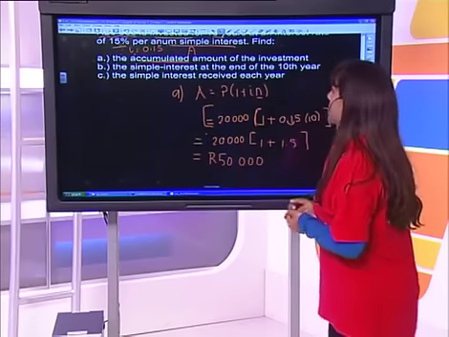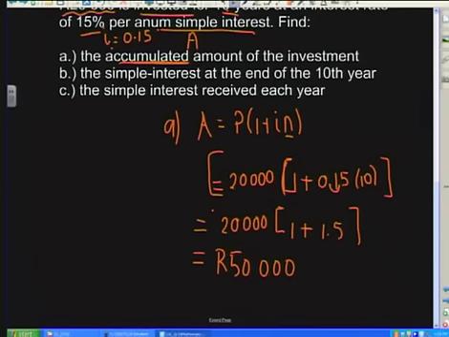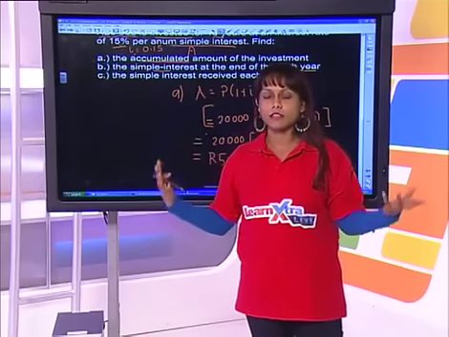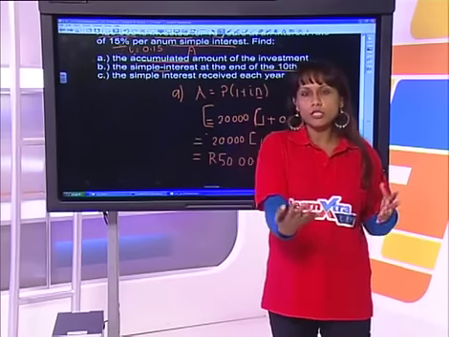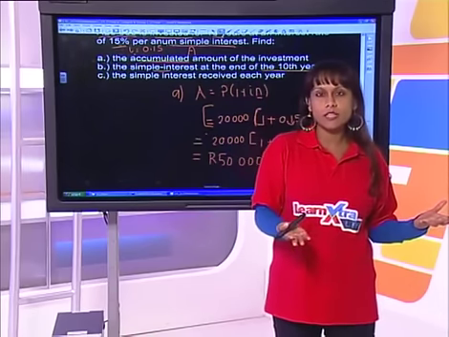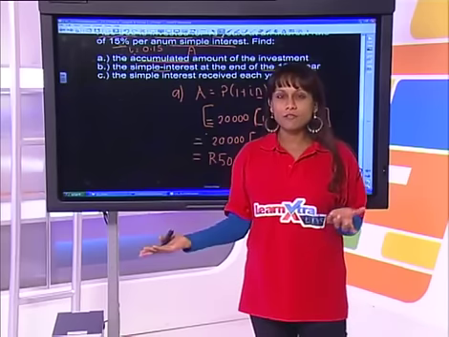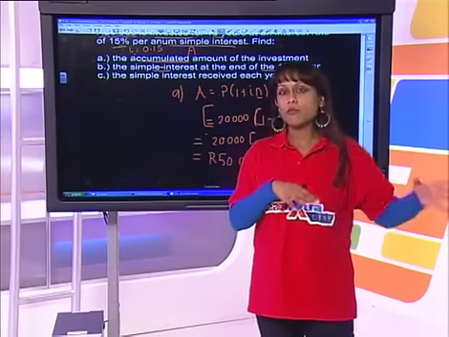Part B says, find the simple interest at the end of the 10th year. So now what are they asking you? Now remember, if you're going to invest money, the only reason you're going to invest it is because you're getting something out of it. Otherwise, you might as well just take it and put it under your bed.